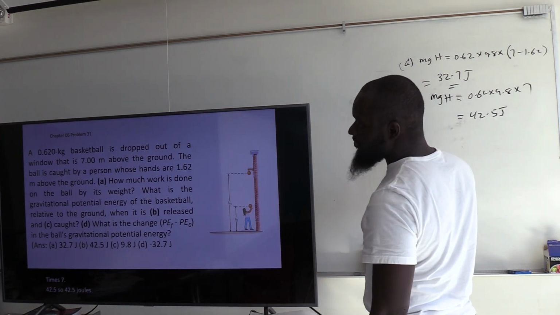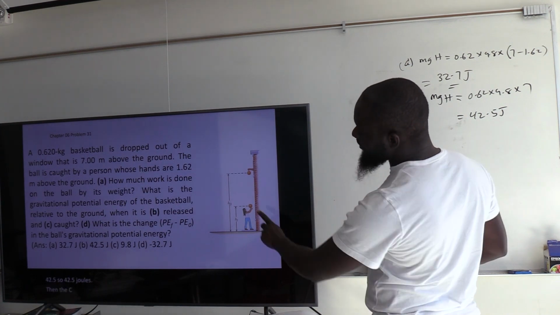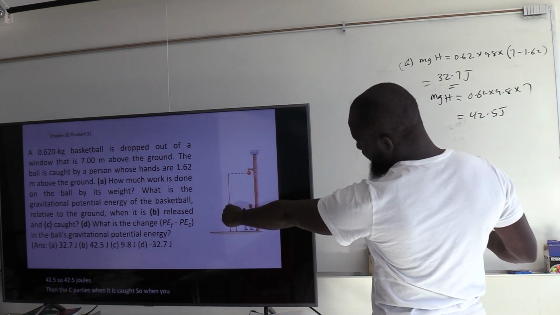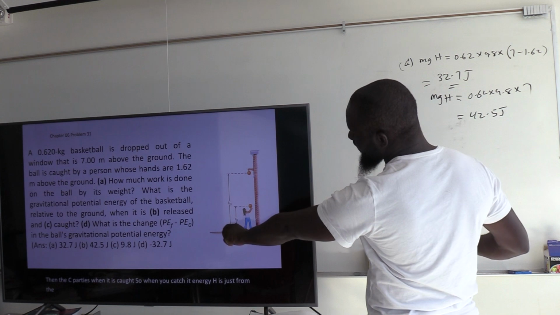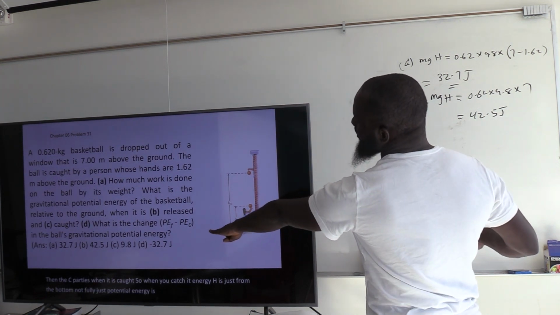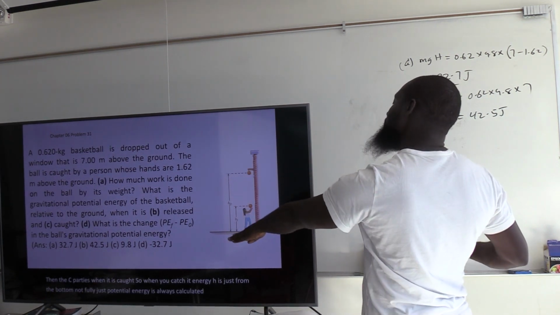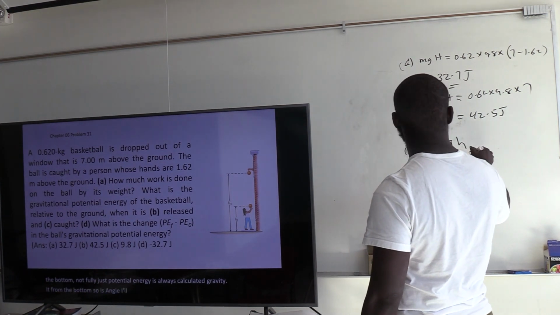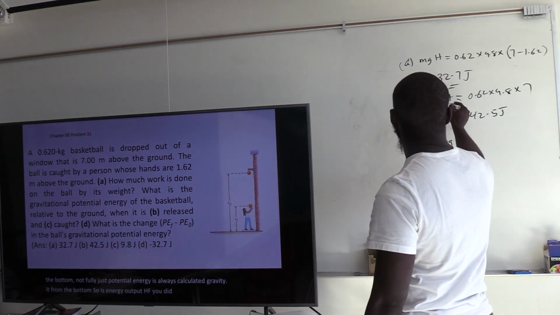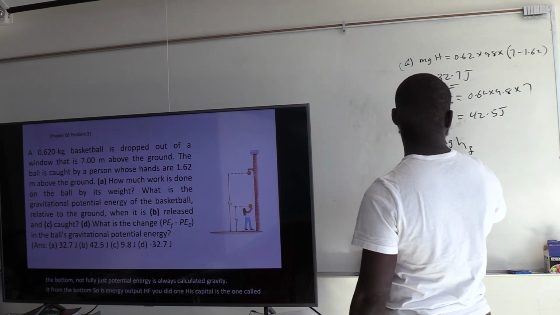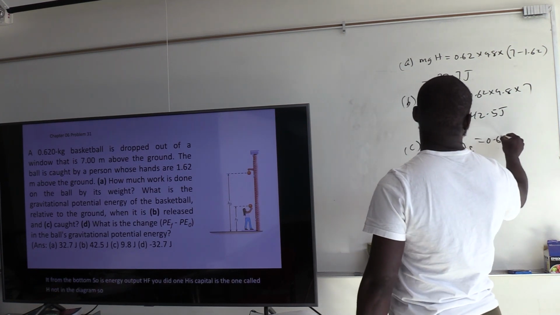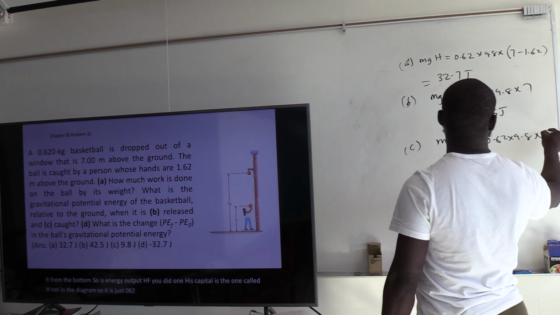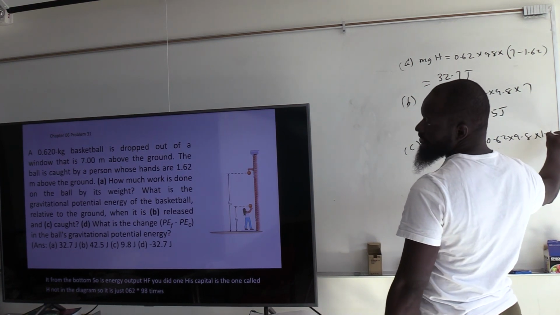Then the C part is when it is caught. So when you catch it, mgh is just from the bottom. Gravitational potential energy is always calculated with the height from the bottom. So it's mg, I'll put h final here, the one called h naught in the diagram. So it is just 0.62 times 9.8 times 1.62 meters.